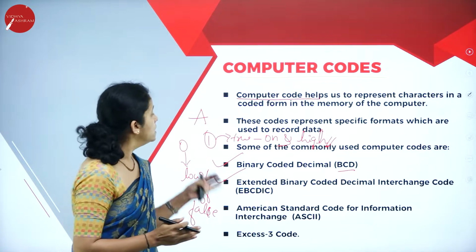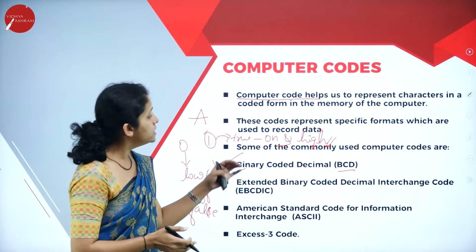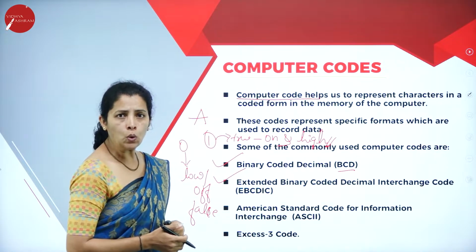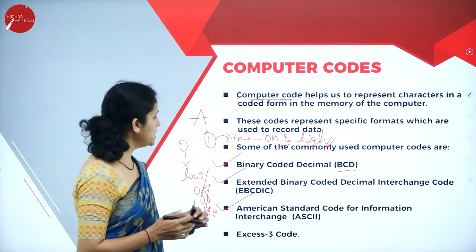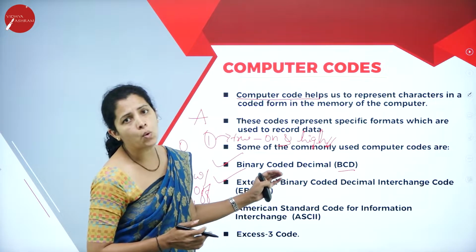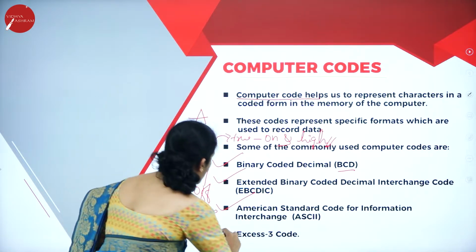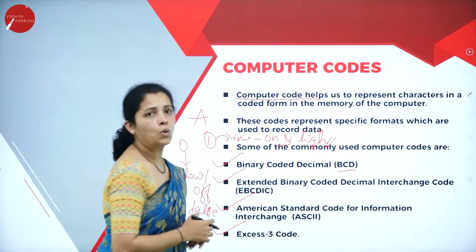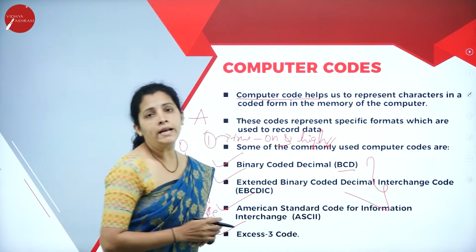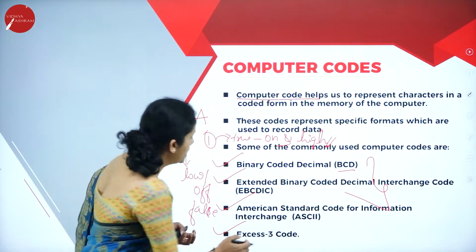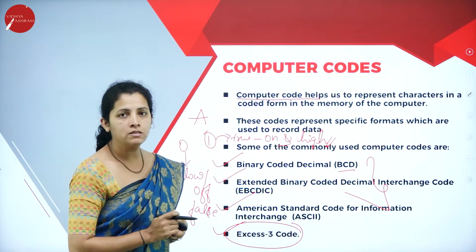I repeat, the second type is extended binary coded decimal interchange code. And we are having ASCII code, that is American Standard Code for Information Interchange. Along with that, we are having Xs3 code. And the first three types are weighted codes, and this is the example for a non-weighted code.